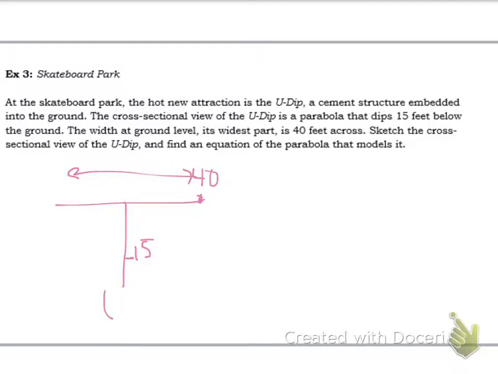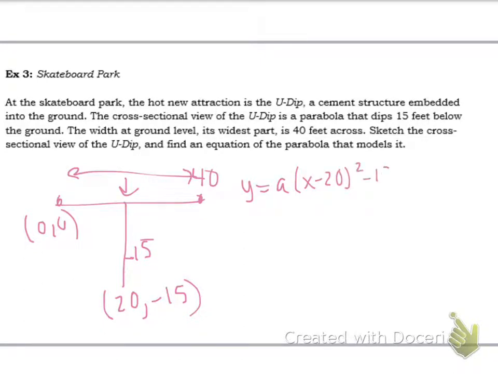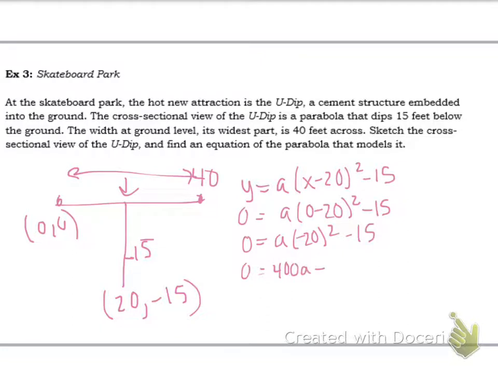So this point, remember, is halfway. So my x value is 20 because I'm still going right, but I went down 15, and they're initially starting at that (0, 0) again. So I've got y equals a(x minus 20) squared minus 15. We're going to plug in that (0, 0). 0 equals a times negative 20 squared minus 15. 0 equals 400a minus 15.